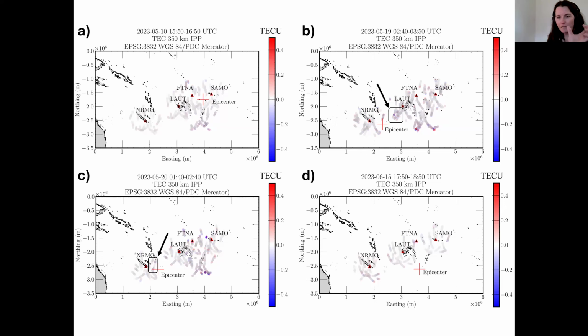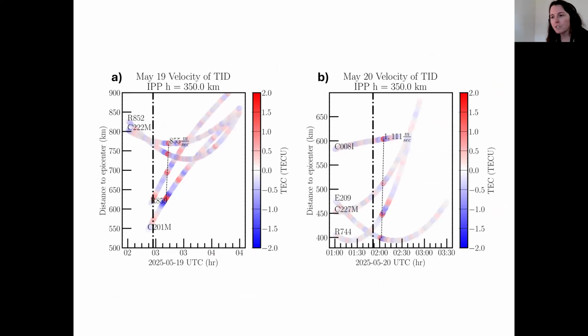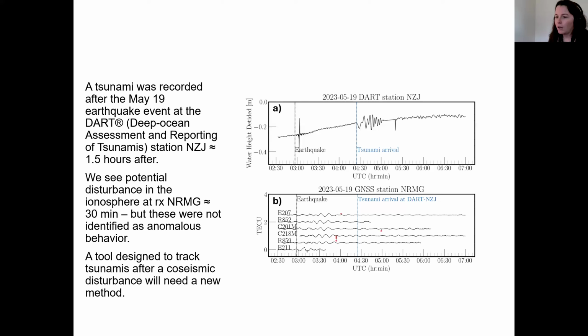So it's between the epicenter and the station itself. Again, this really is impacted by line of sight between the station and whatever satellite we're looking at. And just a quick understanding, the velocities are well within that large range of 500 to 1500 meters per second, the first being 855, the second a little over 1,000 meters per second velocities.